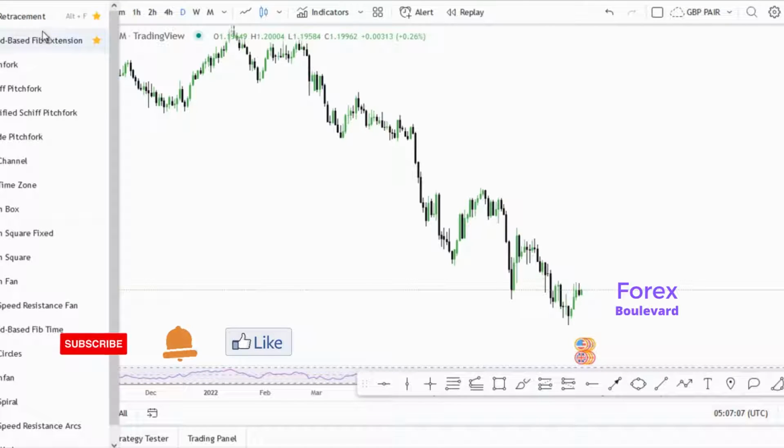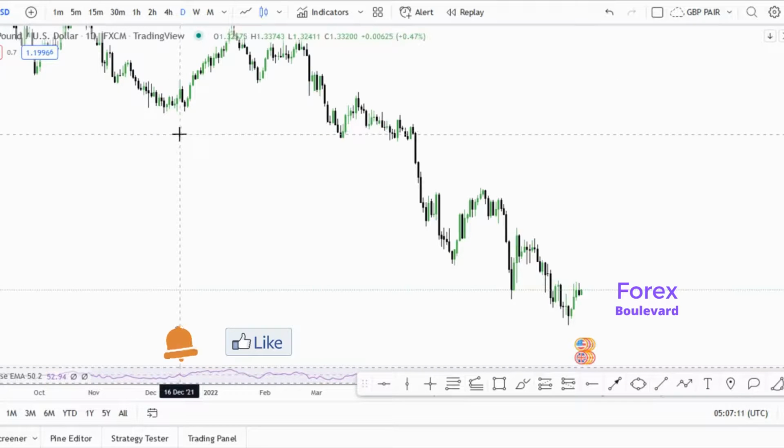I already started it. Now there's something I didn't mention earlier. When it comes to Fibonacci, there are two things involved. Number one, we have Fibonacci retracement, and then number two, we have Fibonacci extensions. Fibonacci retracement: when there's an impulse in the market, like I mentioned earlier, the price moves in a wave.